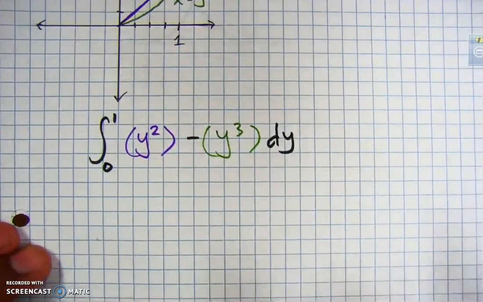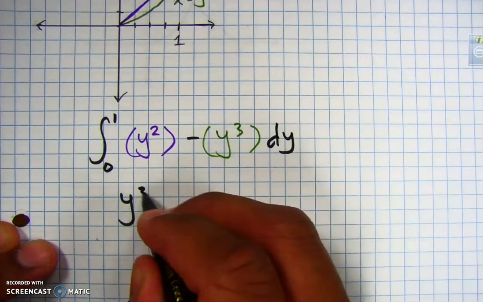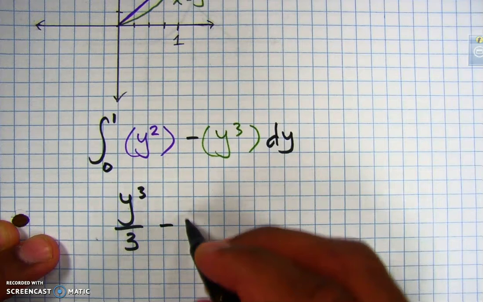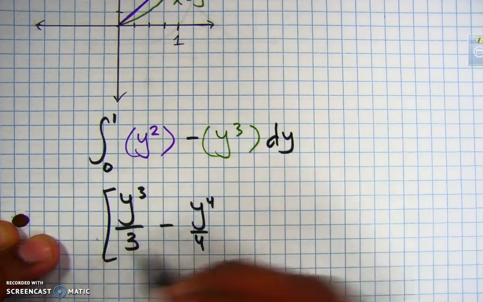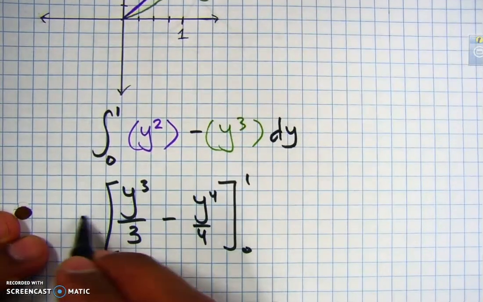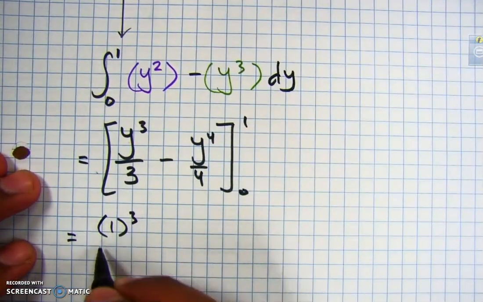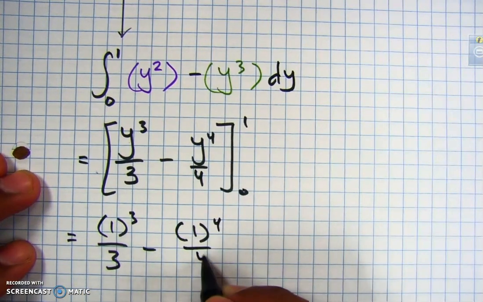When we integrate this, it's actually easier to integrate. It's just y cubed over 3 minus y to the 4th over 4, from 0 to 1. And you just get 1 over 3 minus 1 over 4.